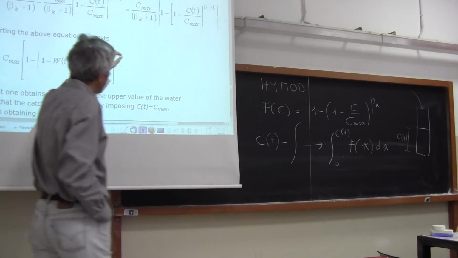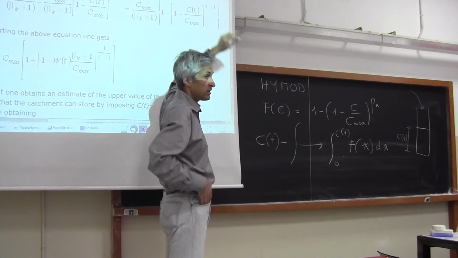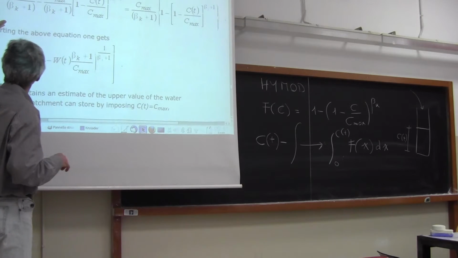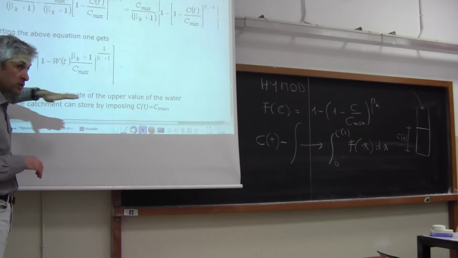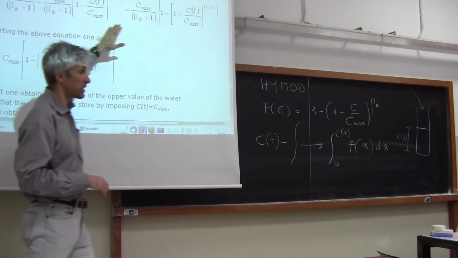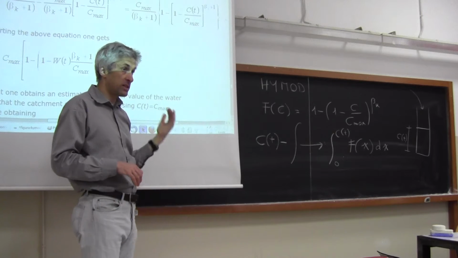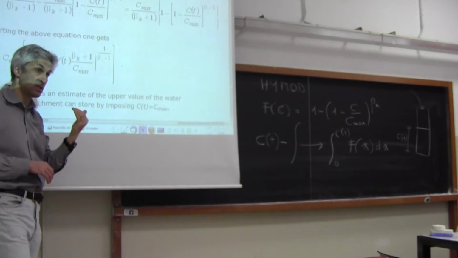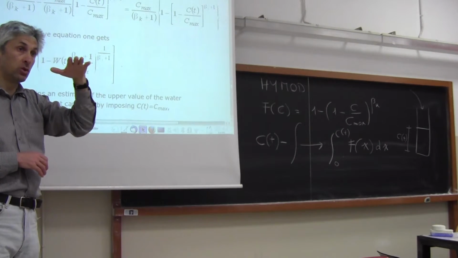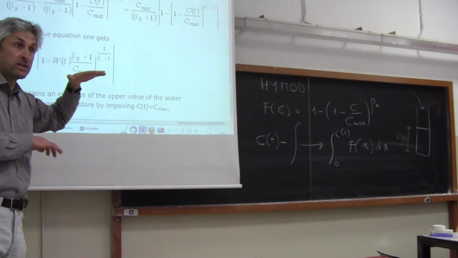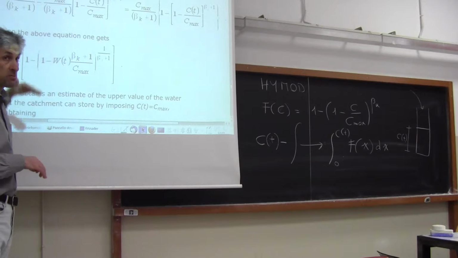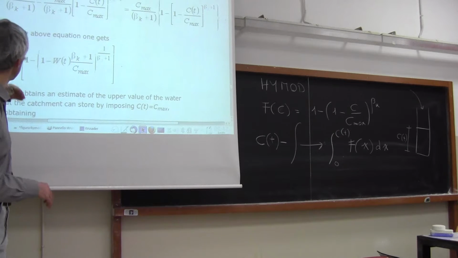Remember that C is the storage in the unsaturated areas, while W is the storage over the whole catchment. So you expect that W is lower than C, because in the catchment you always have some saturated areas. So when you compute the overall storage over the catchment, you expect a value that is lower than C.